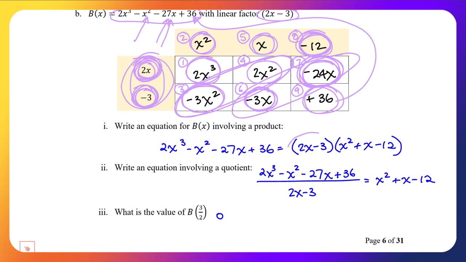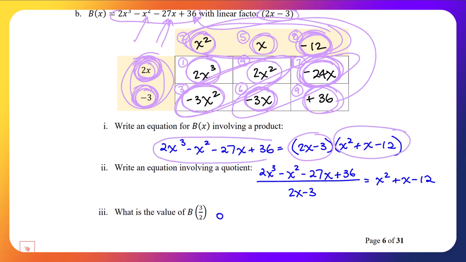So again, the divisor goes here, the quotient goes here, and the dividend, or the original polynomial, goes here. It's factoring. To write it as a division problem, here is the divisor, here is what got divided up, and here is the quotient.